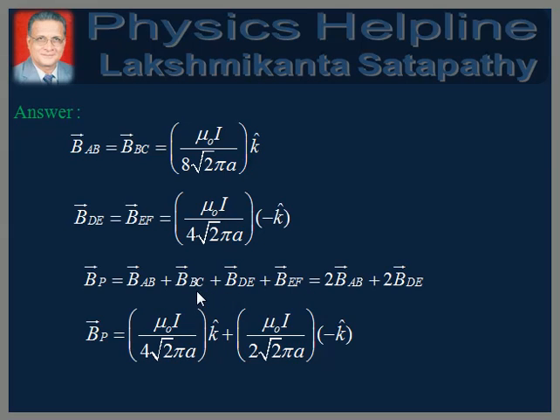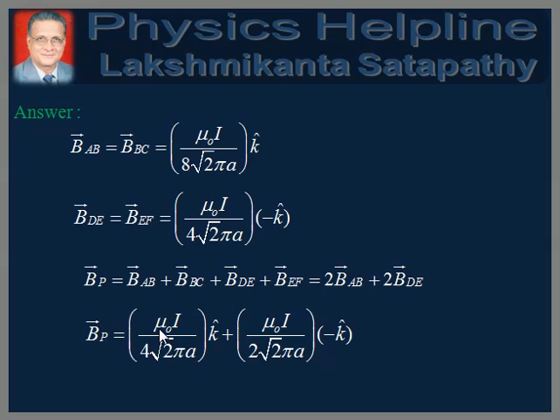B_AB and B_BC are equal, therefore we write 2 into B_AB. Similarly, B_DE and B_EF when added will give us 2 B_DE. Now B_AB is equal to this, therefore multiplying by 2 will give us 4 root 2 pi A in the denominator.